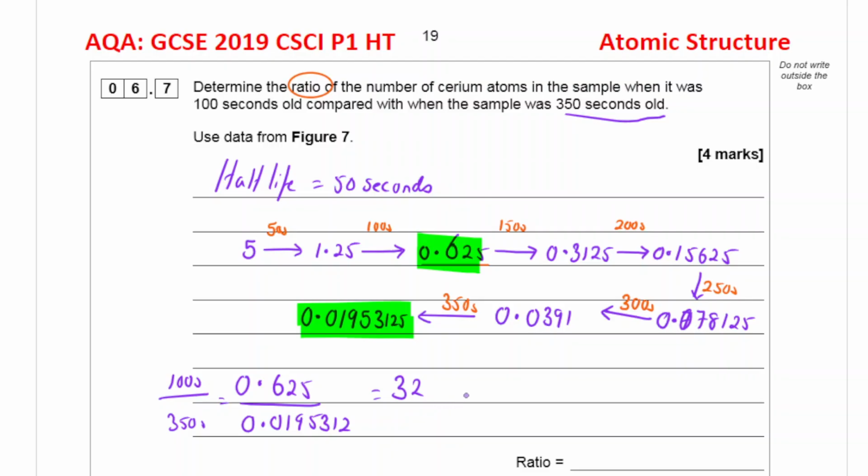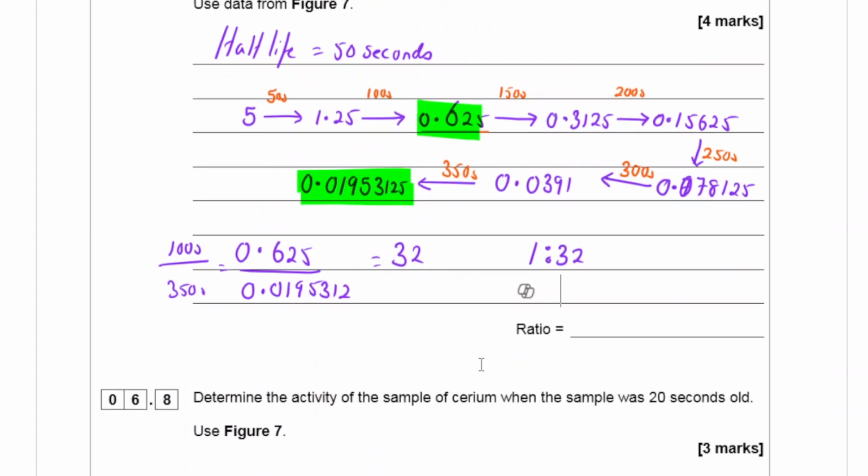So I'll take it as 32. So that ratio is 1:32. Now there are other ways that you can do this as well.